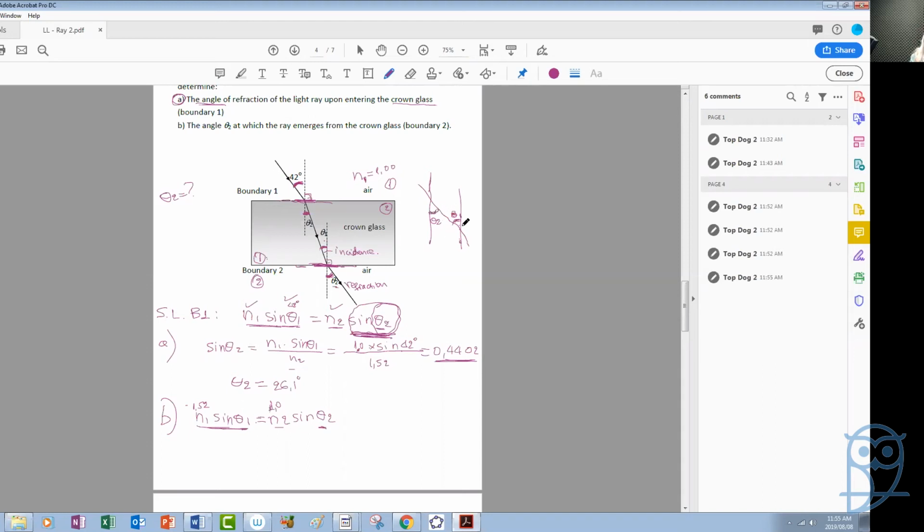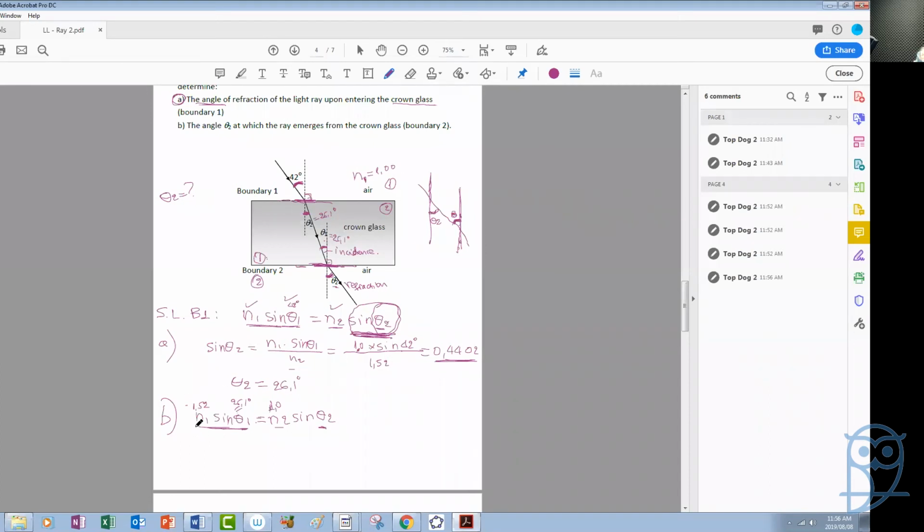So these two angles are exactly equal, right? And so we know this angle here that we have called now theta 1. We know this angle here. This is 26.1 degrees. So if this is 26.1 degrees, this is also 26.1 degrees.